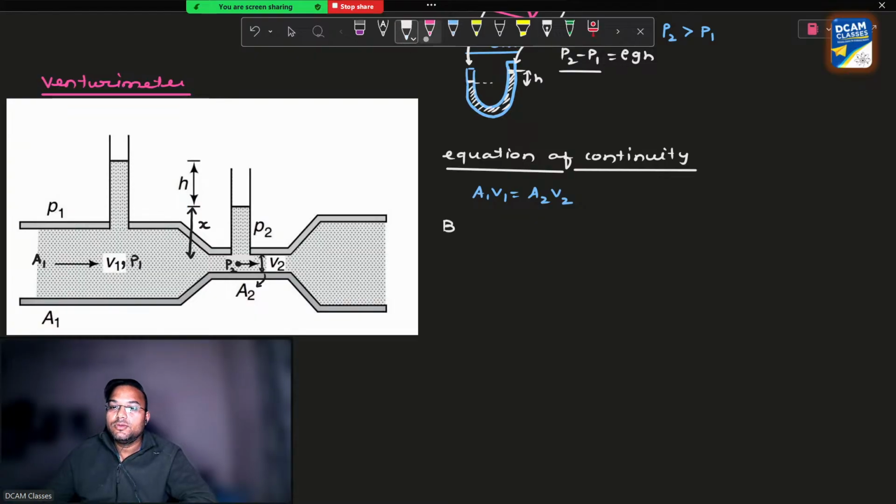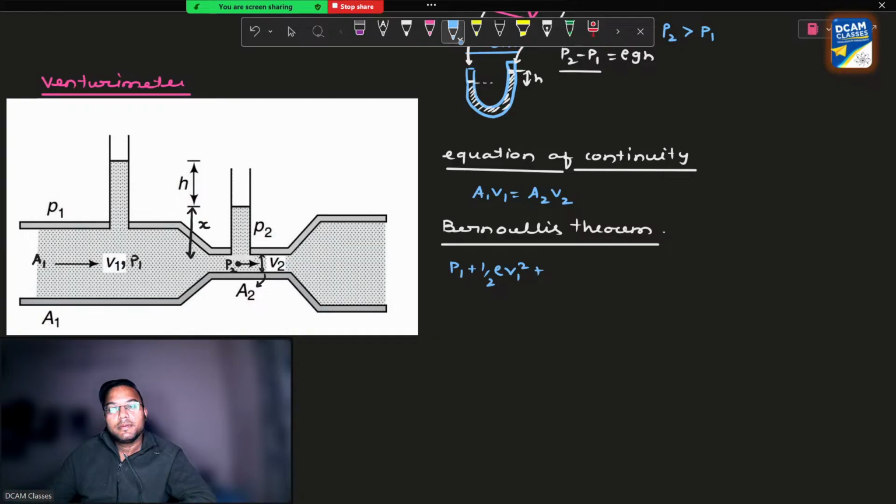Now coming to Bernoulli's theorem. What will be Bernoulli's theorem? P1 plus half rho V1 square plus rho gh is equal to P2 plus half rho V2 square plus rho gh. Because this section and this section, they both are at the same height h.